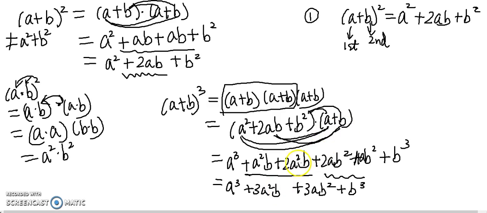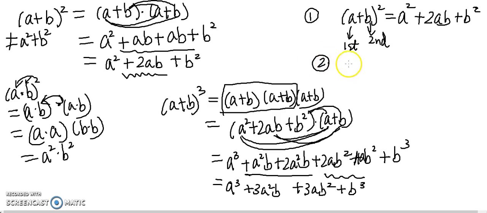For example, in the first term, there's only one letter a, the power is 3. In the second term we have a squared and b, so the power of a is 2, the power of b is 1, so they add up to 3. In the third term, the power of a is 1, which is omitted, and the power of b is 2, 1 plus 2 is 3, and the power of b is 3 in the last term.